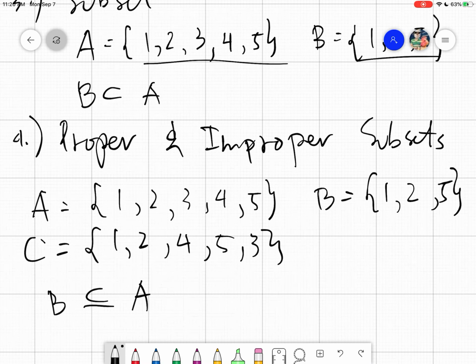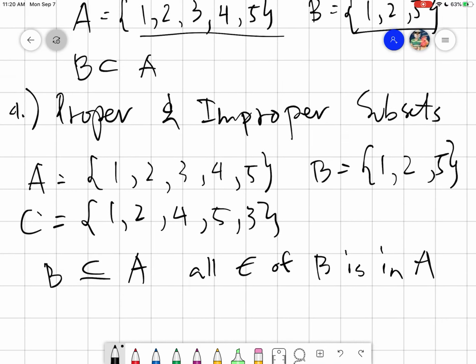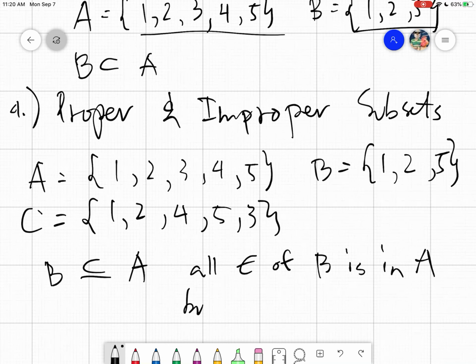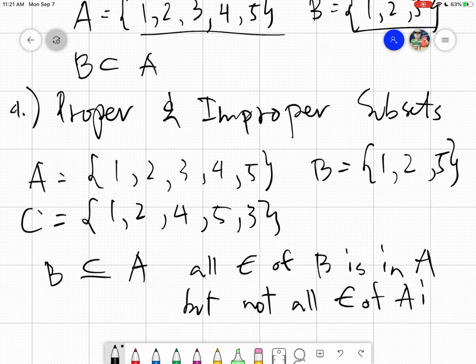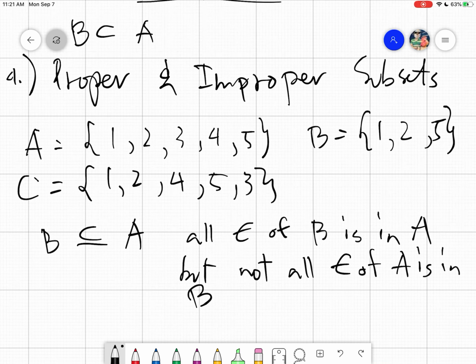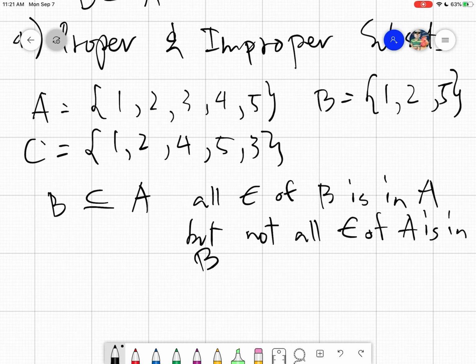Because we know that all elements of B is in A. Ibig sabihin, lahat ng elements ni B nandun kay A. But, not all elements of A is in B. So, kumbaga, pag hindi sila parehas, proper subset.